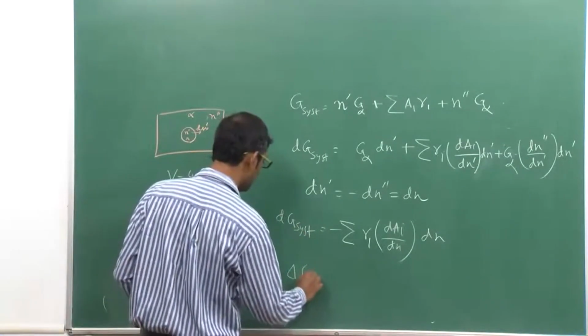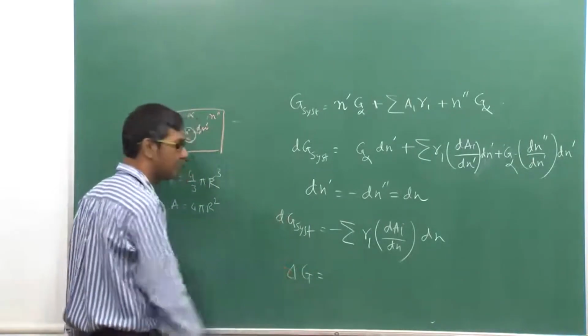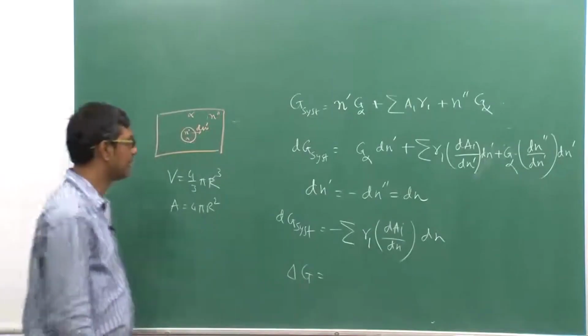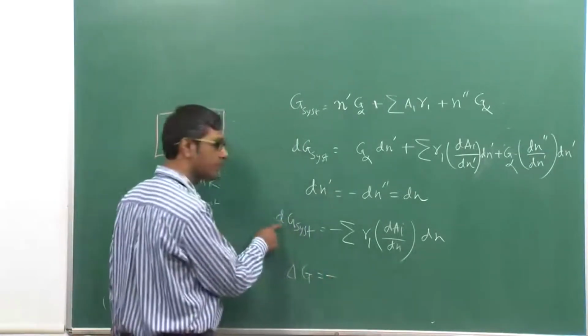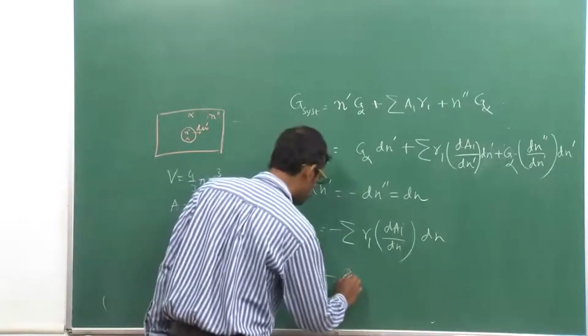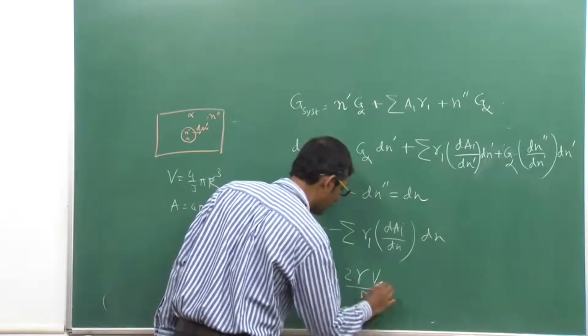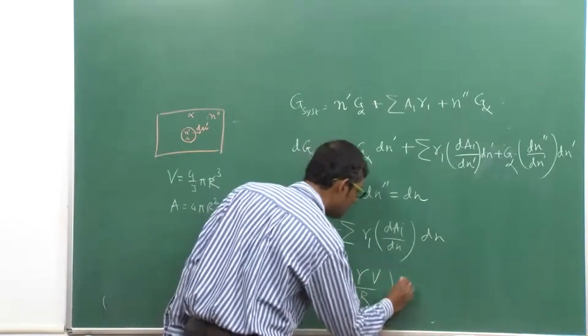We can write this change in terms of delta G. Remember, d is small and delta is big; this is infinitesimally small. So we can see that this will be equal to twice gamma v by r multiplied by dn.